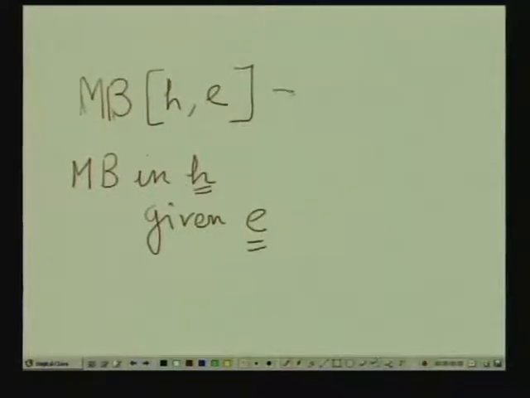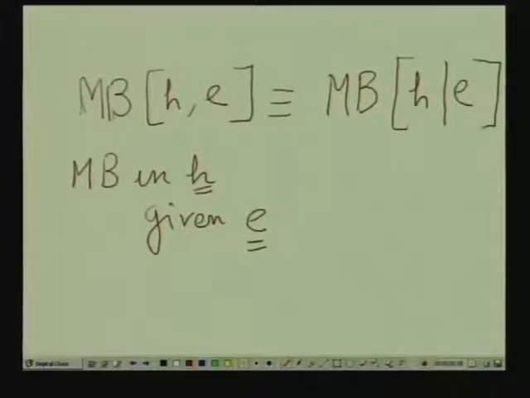The same thing is written as MB(H given E). These two are equivalent, all right. The same thing is meant by both these notations. So, let us not get confused with this variation of notations which can happen at times.